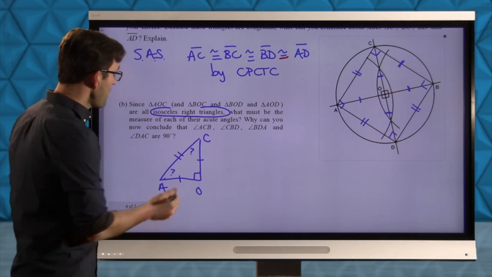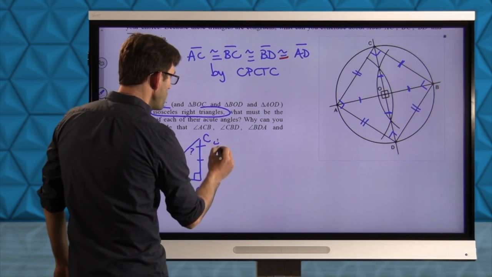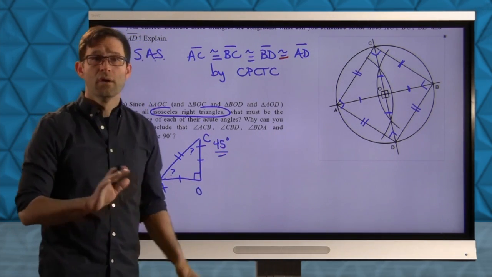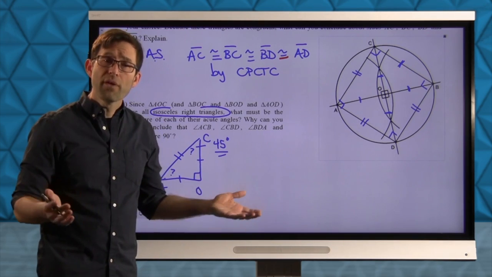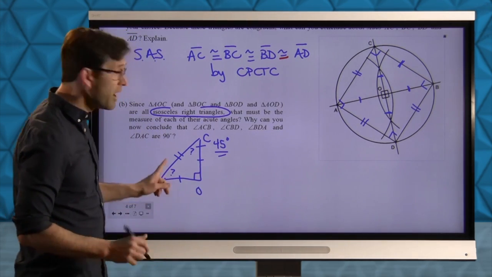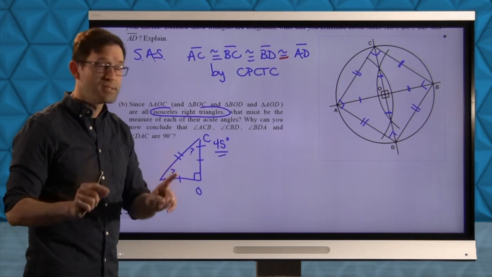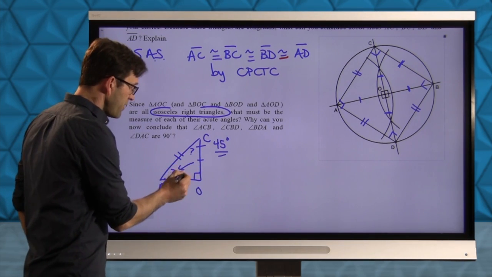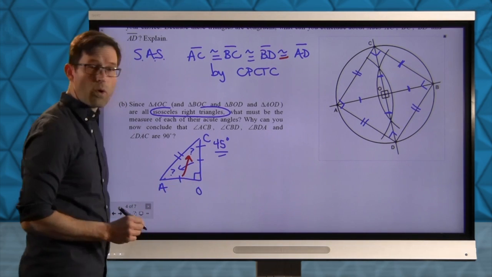All right, well, let's talk about what these things are. Each one of those will be a 45-degree angle, and that's good to know just off the top anyway. But think about why this is. In an isosceles triangle, the two angles that are opposite of the congruent sides must be equal.